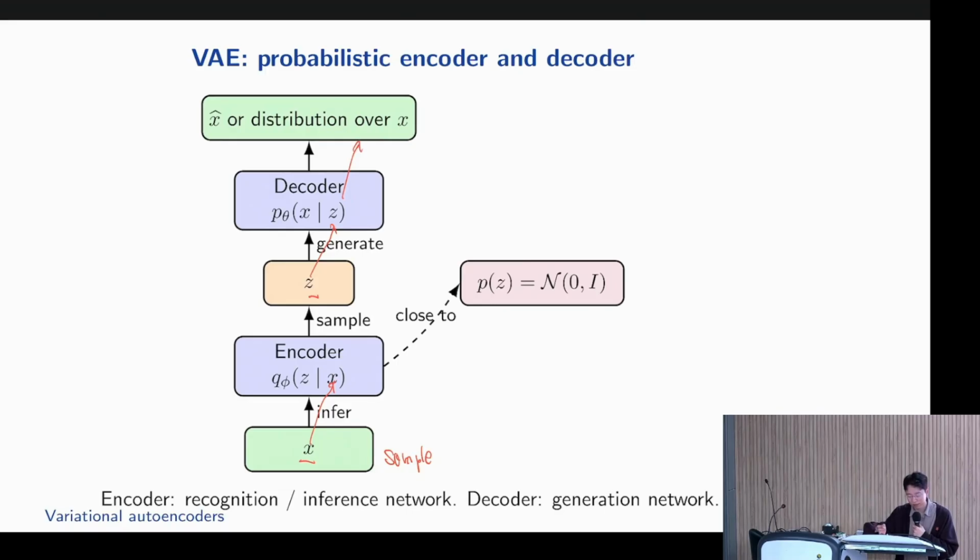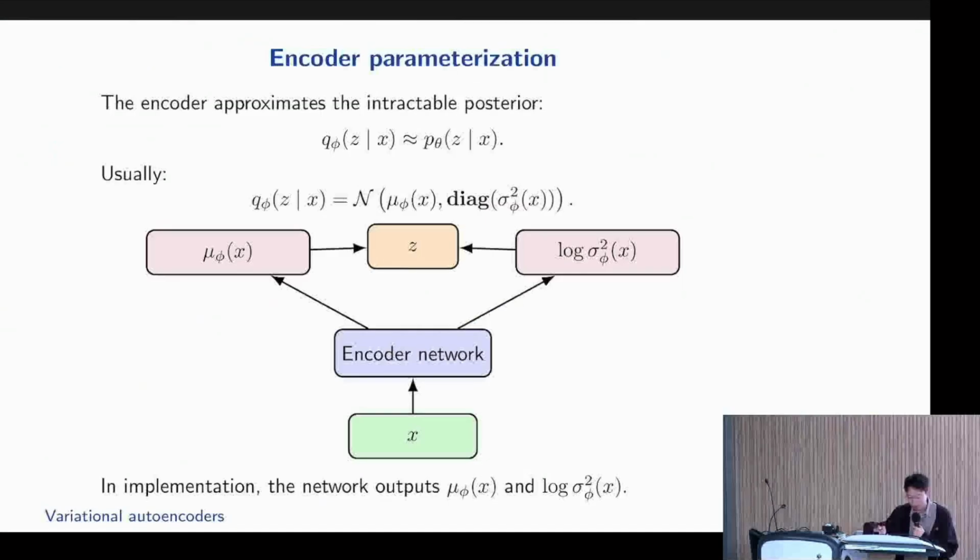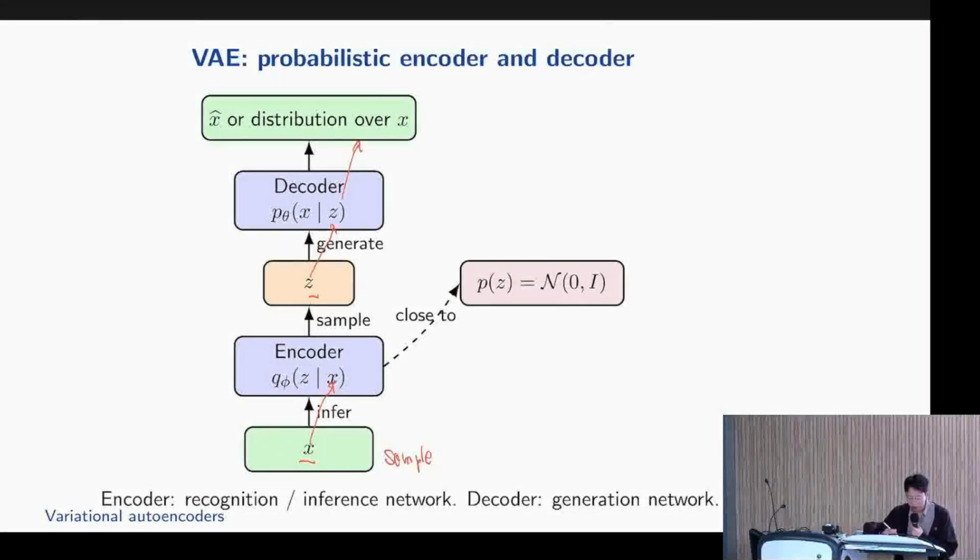We also wanted the encoder to follow our inference time sampling distribution. Let's look closely at what's inside the encoder and decoder. So far this has been a black box, so let's crack it open.